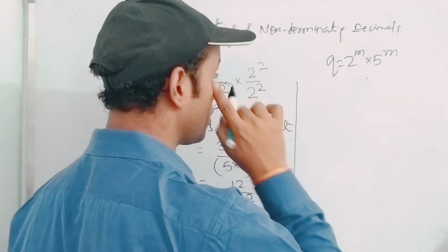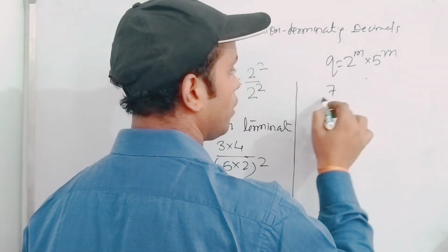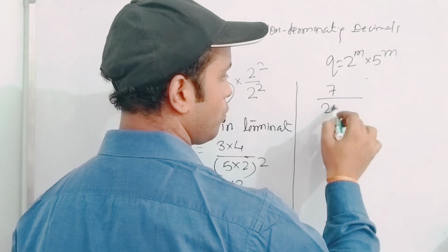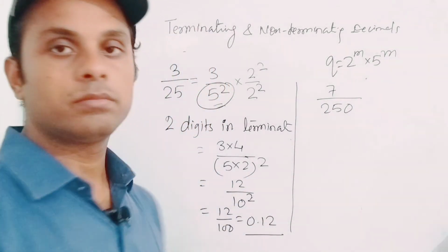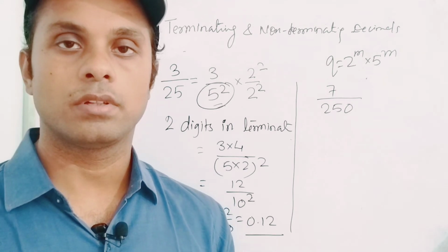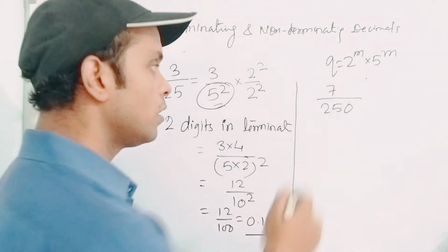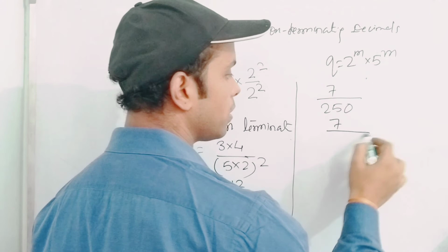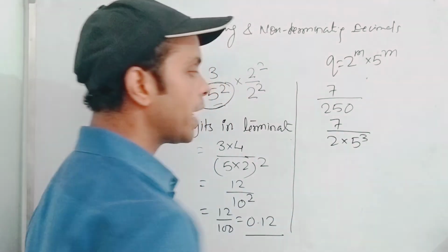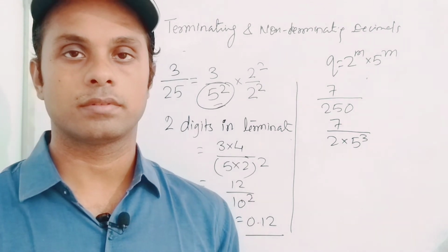Suppose you have 7 upon 250. Now look, this is already in the simplest form. So factorize the denominator. If you factorize the denominator, you obtain 7 upon 2 times 5 raised to the power 3.